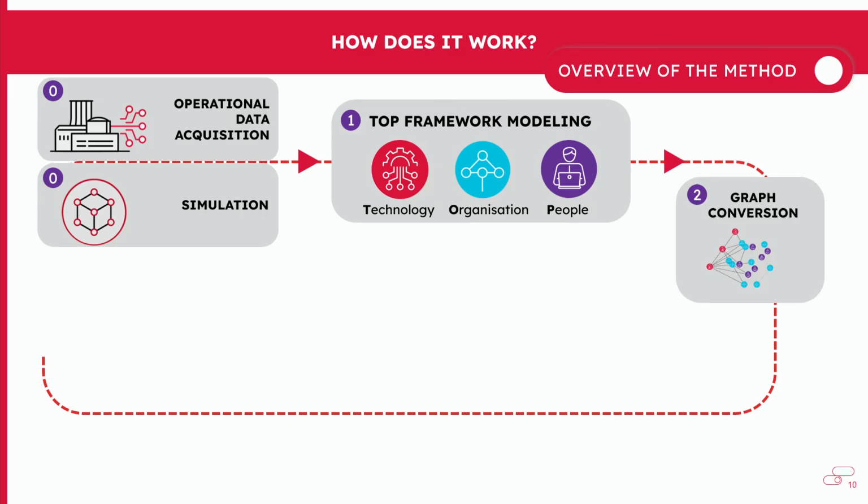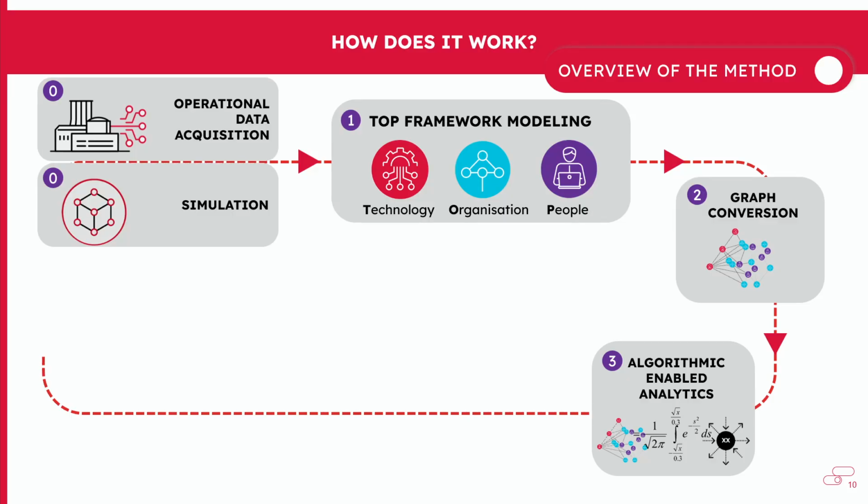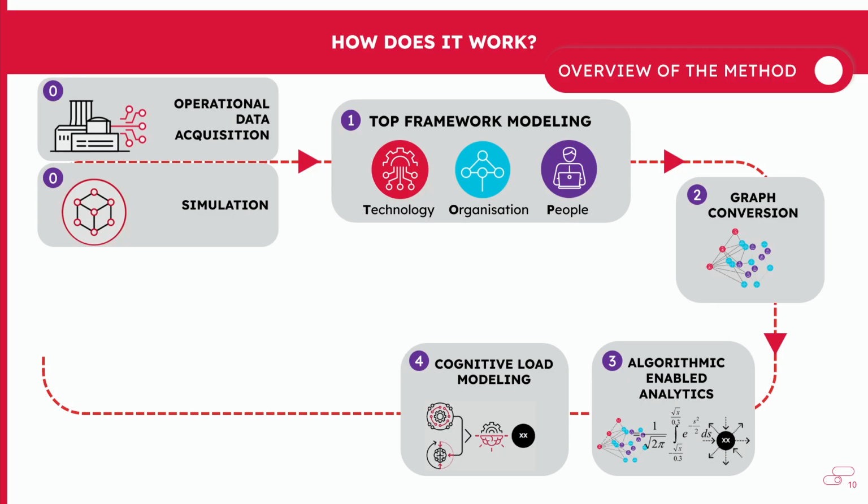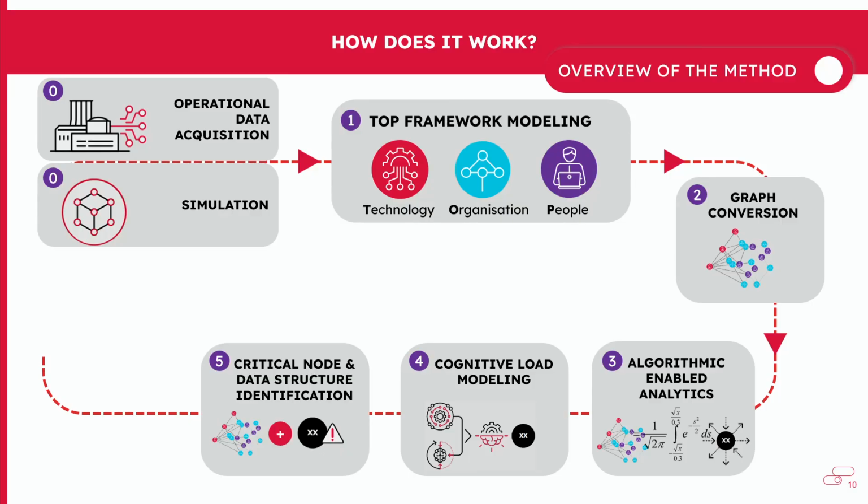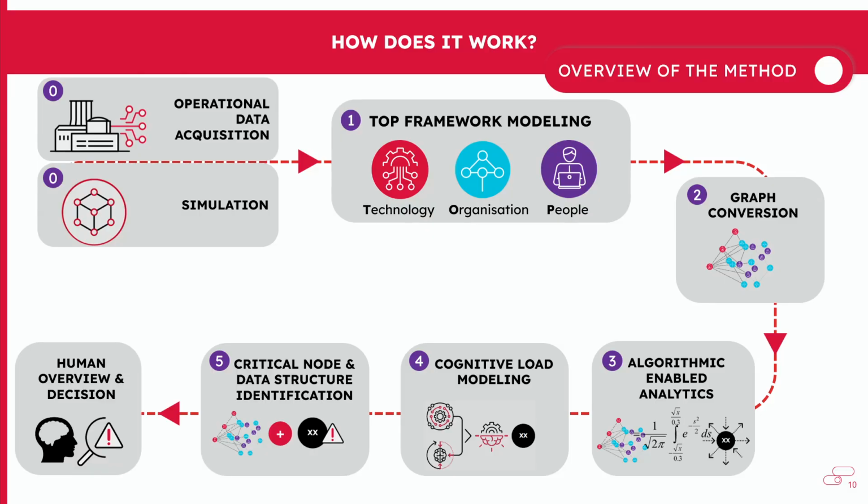Then the next step is the graph conversion. After that, some algorithms coming from graph theory. And after, we have some modeling of the cognitive load, a really relevant human factor in our methodology. And after all, critical node and data structure identification to try to tackle these bottlenecks. And at the very end, the human overview and decision.